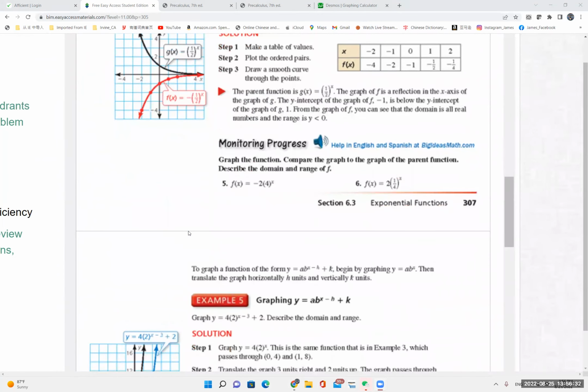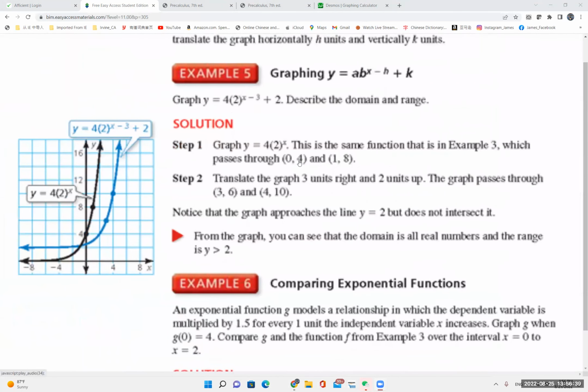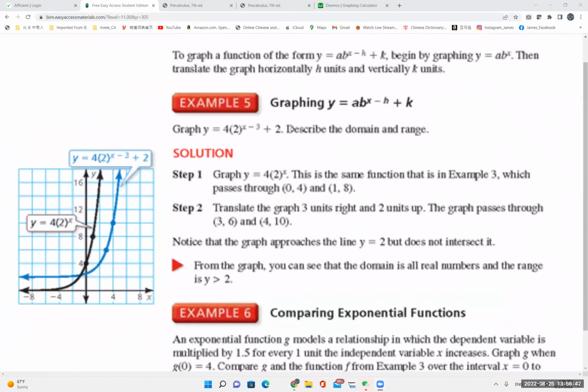And keep going. Here is more general. You should use the transformation knowledge from chapter 1 to understand how to get this from the parent function. Let me say that we take this as the parent function.